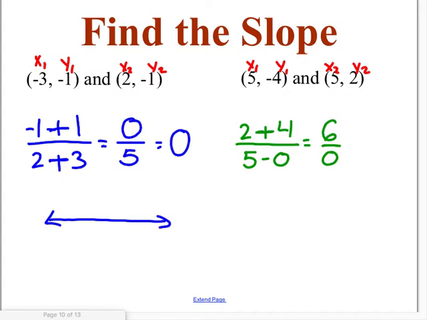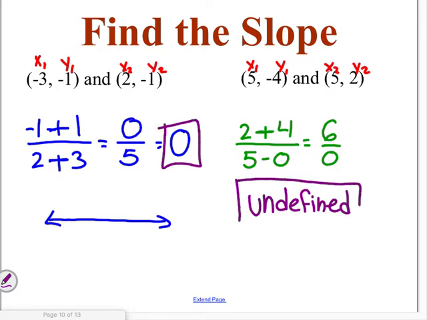That is because, as you learned when you were learning about multiplication and division, you can't divide by 0. So this is what we call an undefined slope.